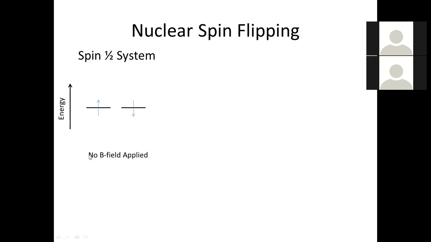Well, that's because we don't actually have a magnetic field applied. So if we were to apply a magnetic field to the system, let's say it's B naught and it's pointing up, the positive Z direction is usually how we denote that, then all of a sudden the energy in these two states actually splits, right? So it's kind of like the d orbital energy splitting that you've been talking about in class, where one of these states now has lower energy than the other.